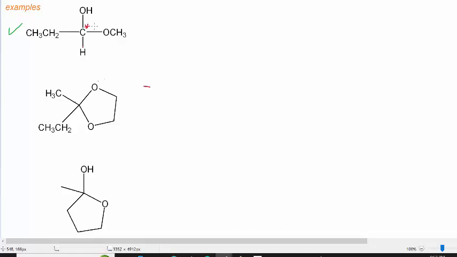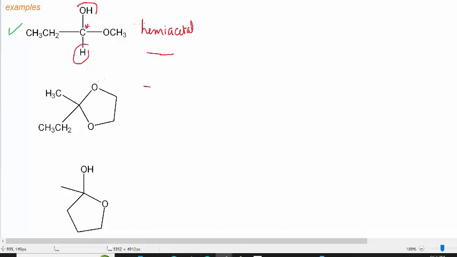Look for the presence of an OH attached to the starred carbon, and indeed there is right here. This means it's going to be a hemispecies, either a hemiacetal or hemiketal. To tell which, we look at the starred carbon again, see if there is at least one hydrogen directly attached to the starred carbon. Indeed there is right here. All right, this means we have a hemiacetal.